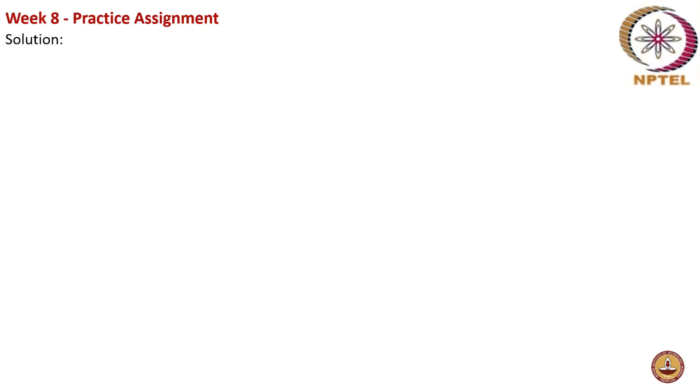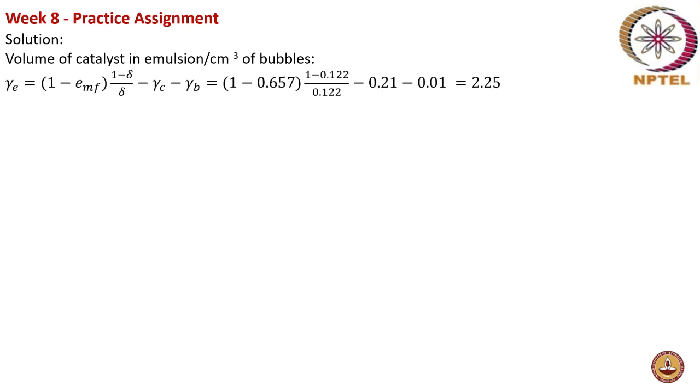The next step is the volume of catalyst in the emulsion. So first we took the volume of catalyst in the bubble, then the volume of catalyst in the cloud and wake phase, and then the volume of catalyst in the emulsion phase per unit volume of the bubbles.